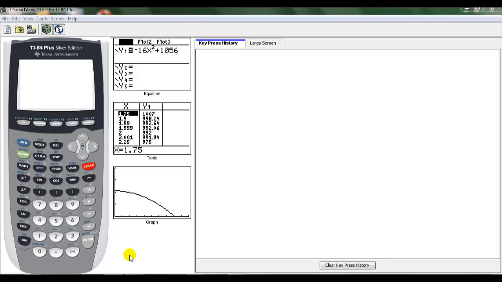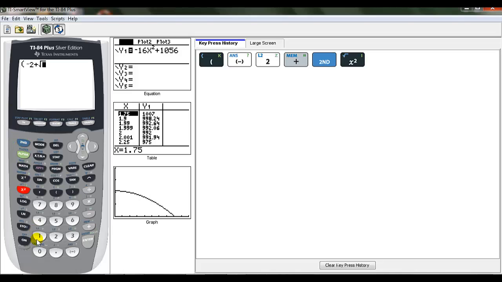Okay, let's find the other one. And the other one was a little bit more complicated. On the slide, I showed you guys this syntax, or how you would type it in your calculator. You have to put the whole numerator in parentheses. So we start our parentheses, -2 plus the square root of 10.